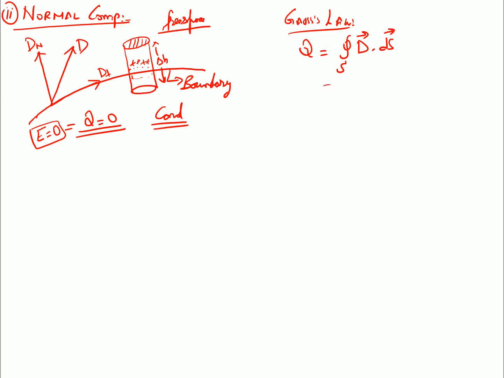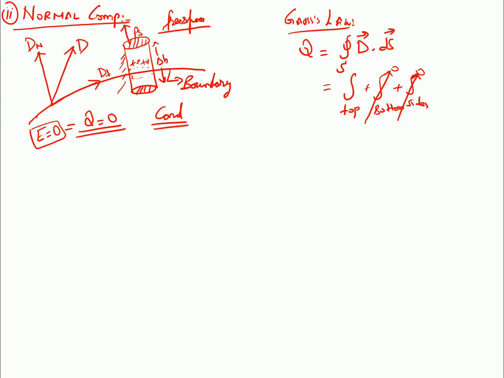Since we have a cylinder, it can have charges on the top, on the bottom, and on the side. The charges on the top are rho of s. Since the bottom is inside the conductor, we don't need to use that, and the sides are not important to us because electric field is always normal to the charges.